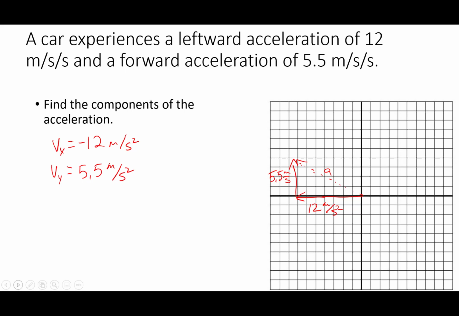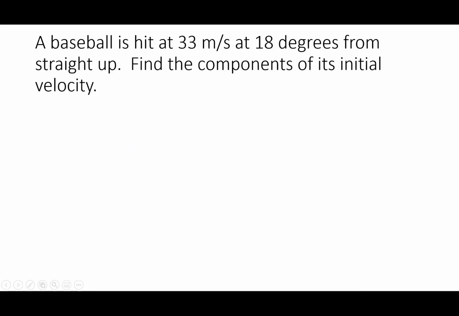One more example. A baseball is hit at 33 meters per second at 18 degrees from straight up. Find the components of its initial velocity. Now there's no coordinate plane given here, but let's just draw it anyway. It's fired at 18 degrees from straight up. So if we start straight up, this is straight up, and it's 18 degrees from that, so I will rotate 18 degrees out from straight up.